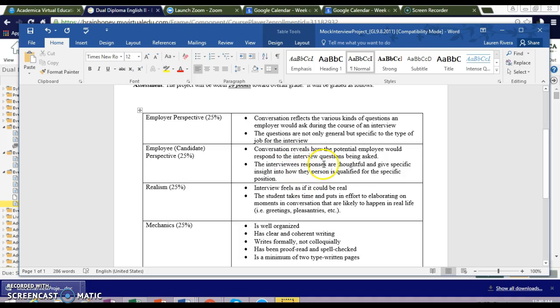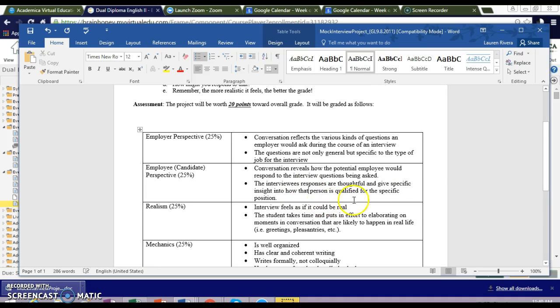The interviewee's responses are thoughtful and give specific insight into how that person is qualified for the specific position. This should say that, sorry, there's a typo. So you, or the person whose voice you're using, needs to show that they're qualified, either through their experience, their previous jobs, their education, their likes and dislikes, their talents, all that could be in the interview.